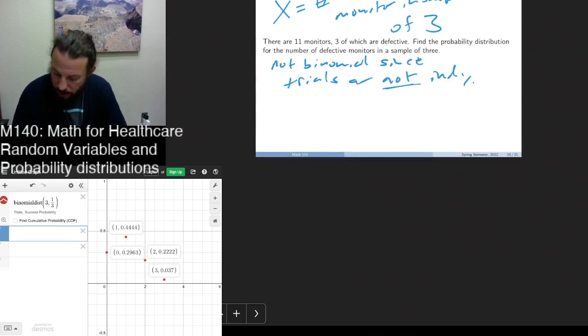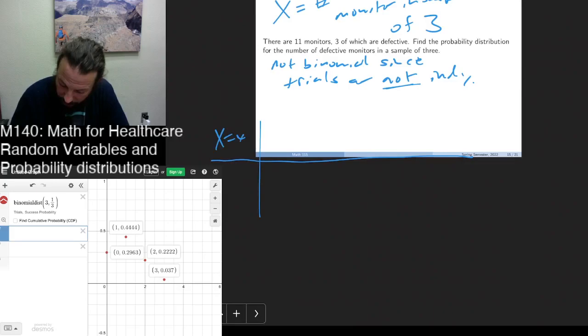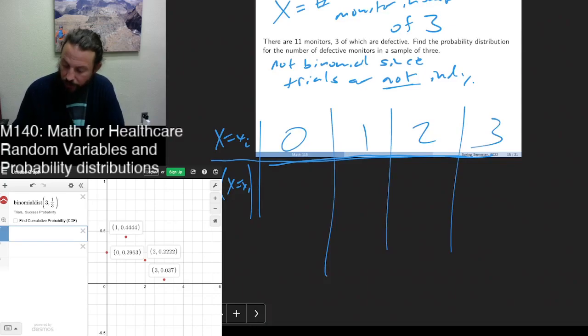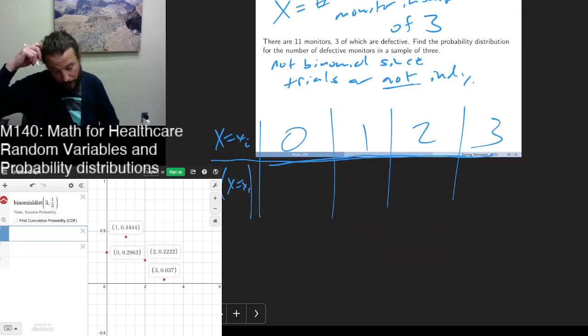First, what do we got? What are our different x values and their probabilities? Well, we could get 0, we could get 1, we could get 2, and we could get 3. And we all agree with that? Good.